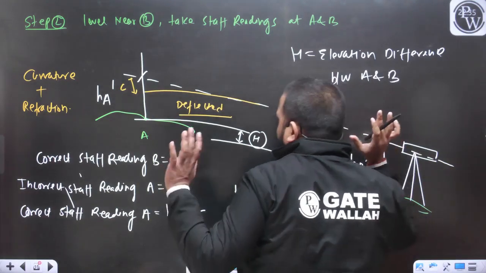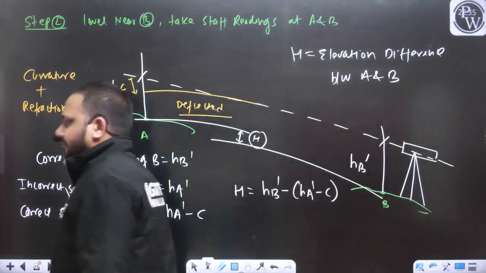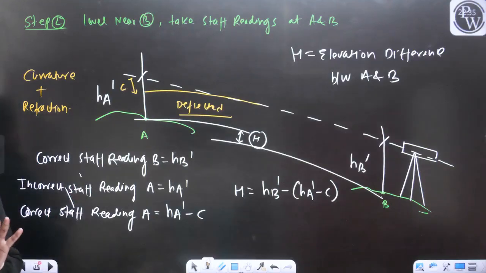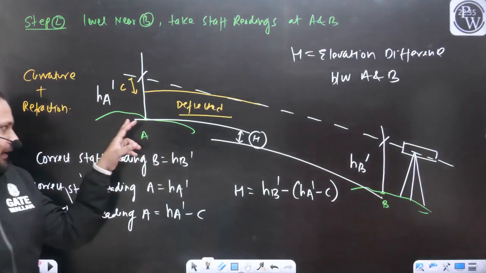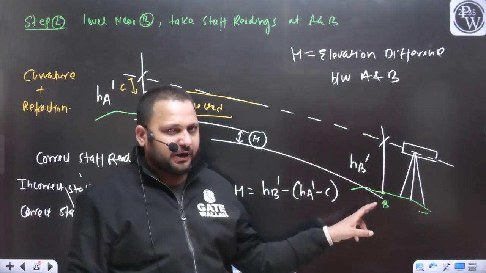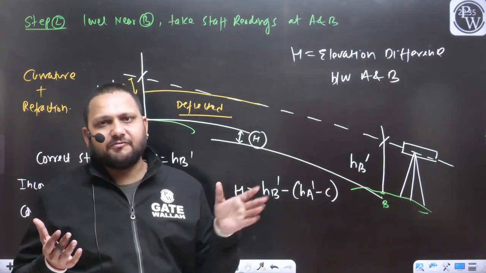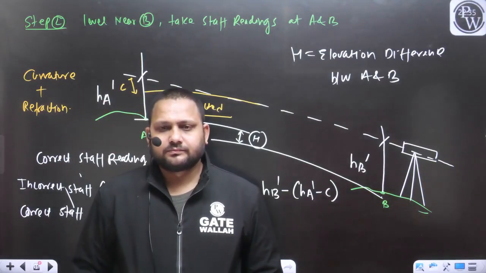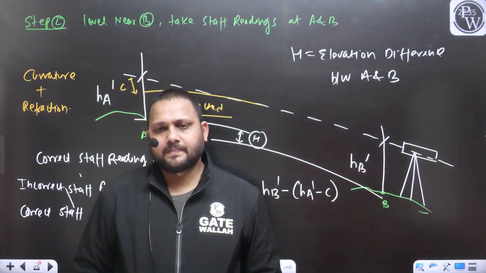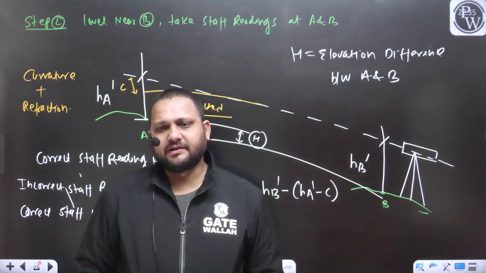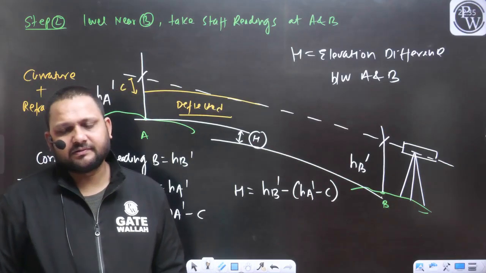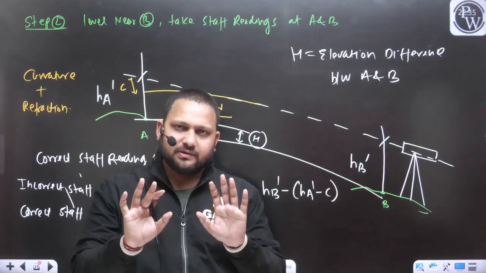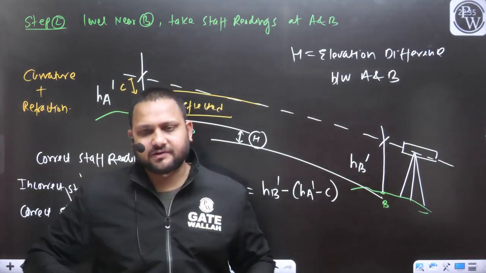So if we know the RL of the point A, if we know the RL of the point B, from both RL we can directly get this value H. Take your time and put your comment correctly so that I can answer.